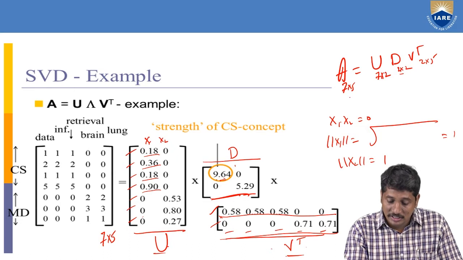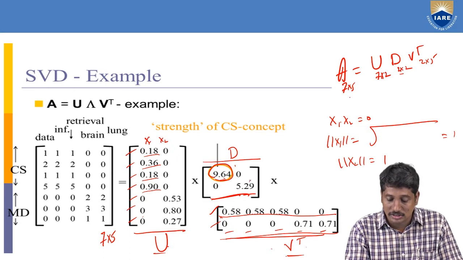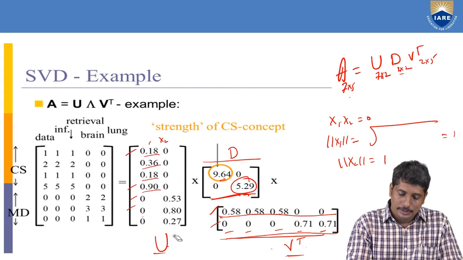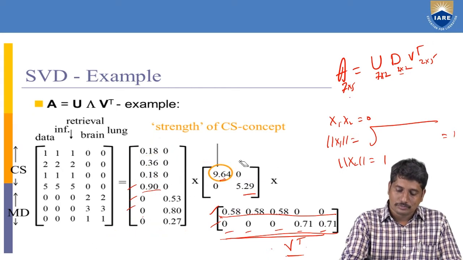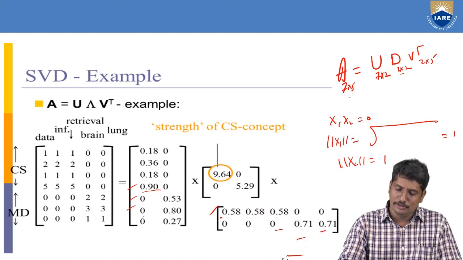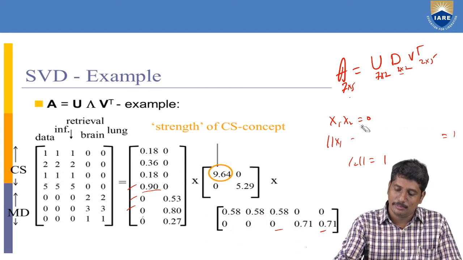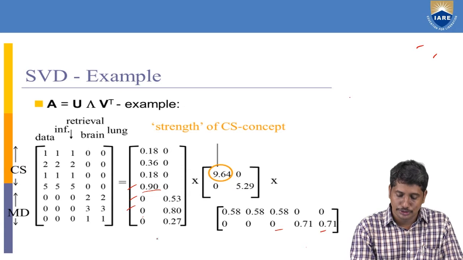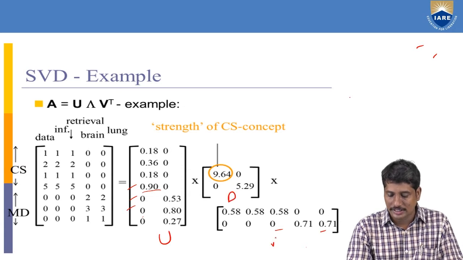And you can verify that this is non-zero and this is non-zero. Both are non-zero. So in this way, we have decomposed. Here we have seen the singular value decomposition of the given data matrix, where A is of size 7 by 5 and we have decomposed it into U, D, V transpose.